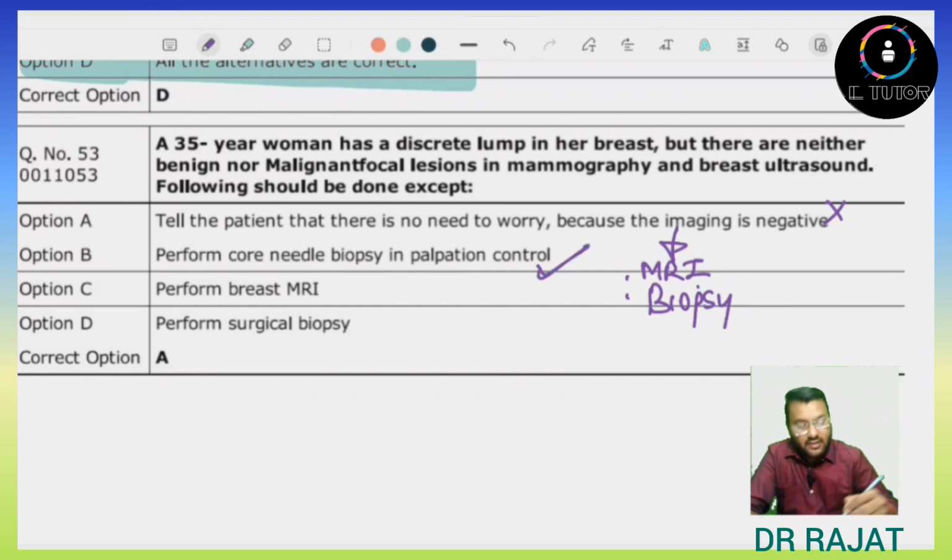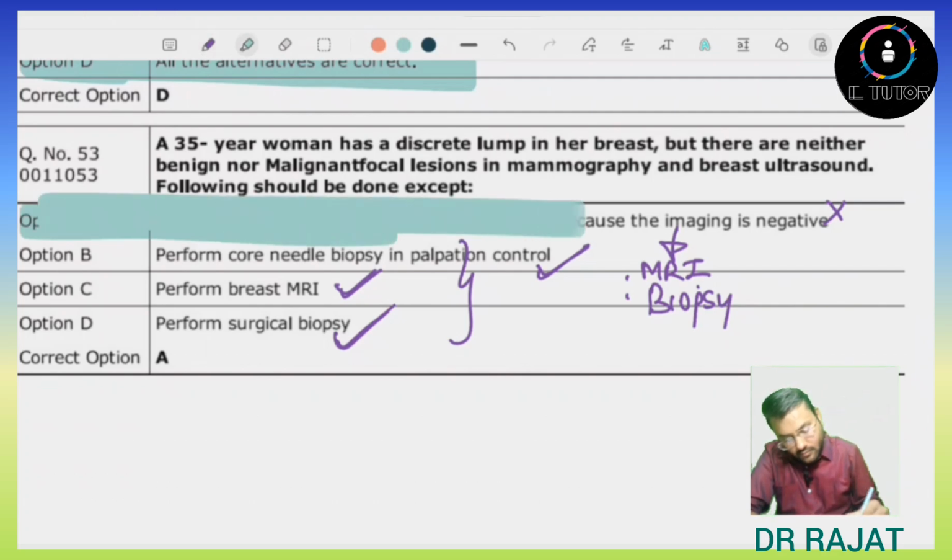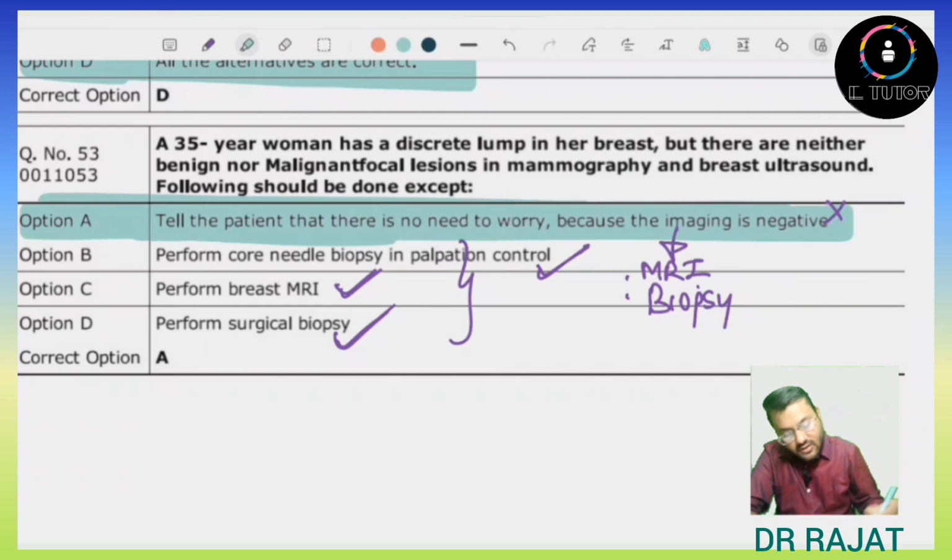Perform breast MRI. This is again true. And perform surgical biopsy. This is also true. So we have to do other modalities, and not tell the patient that there is no need to worry before doing other modalities. So the answer here will be option number A. This is a wrong statement.